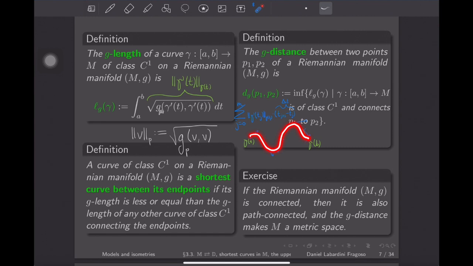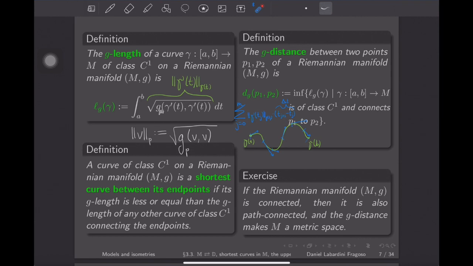Okay, and then as I start refining the partition, this sum tends to this integral precisely. So it makes sense to say, okay, the value of this integral I define to be the length of the curve. But of course, the length of the curve according to my way of measuring lengths of vectors in the tangent planes.